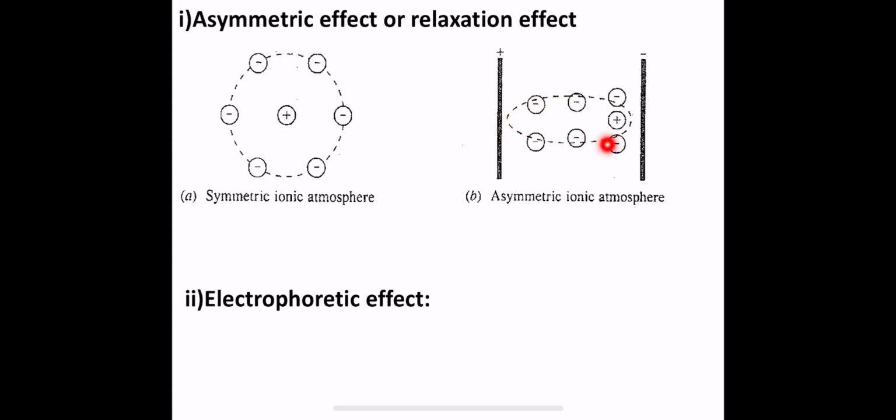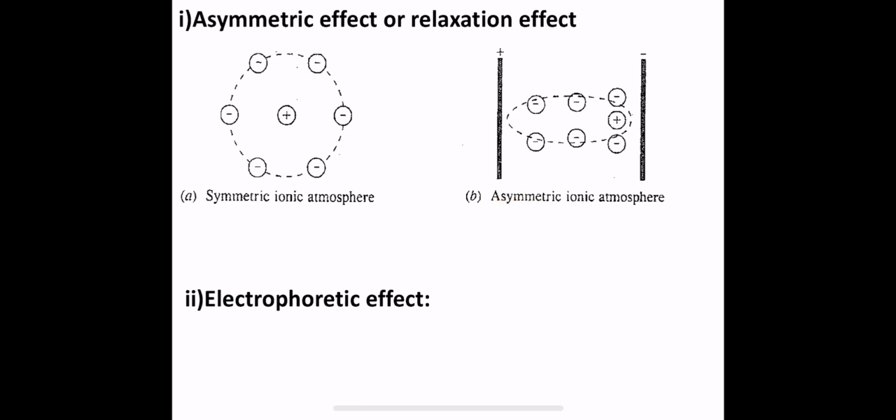Again we will see a circular symmetry, or the arrangement of negative ions will have a uniform distance between them, and it will create its own atmosphere around it, so that the asymmetry which is observed is rectified.